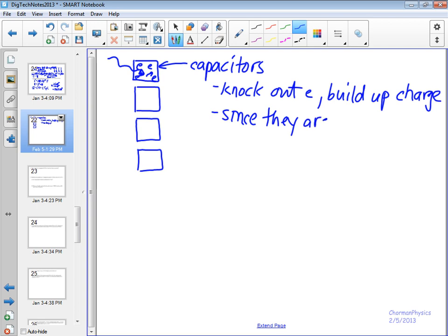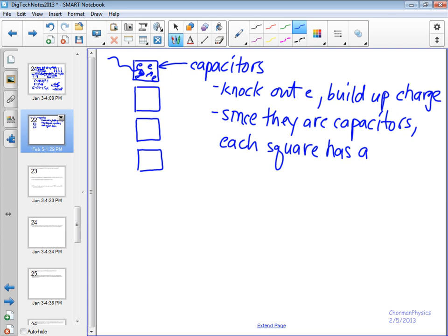Since they are capacitors, each square has a voltage associated with it, okay?